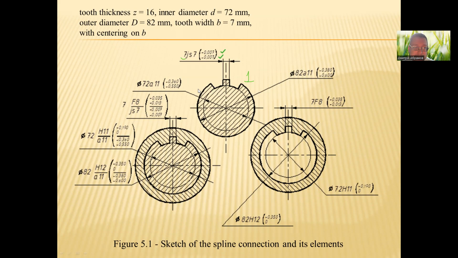Inner diameter, diameter 72. a11, tolerance field a11. We use the directories and we can find that the upper limit deviation of the shaft on this diameter is minus 0.360, and the lower limit deviation is minus 0.550.